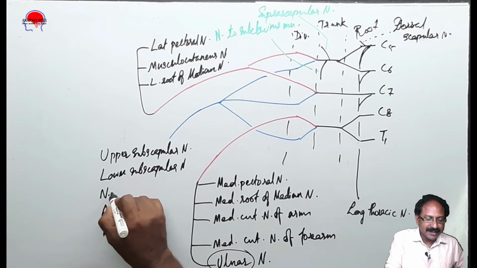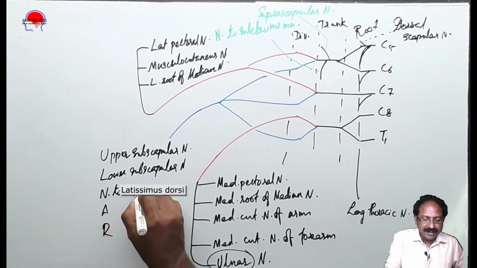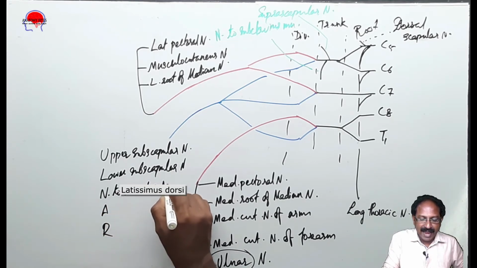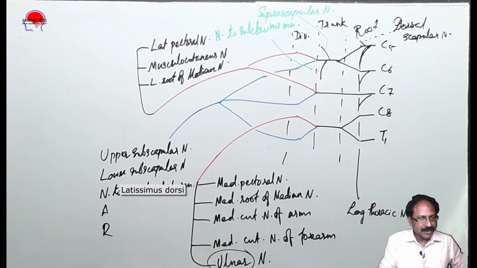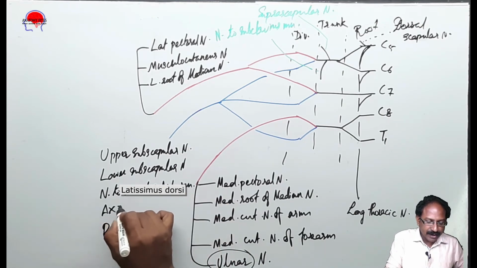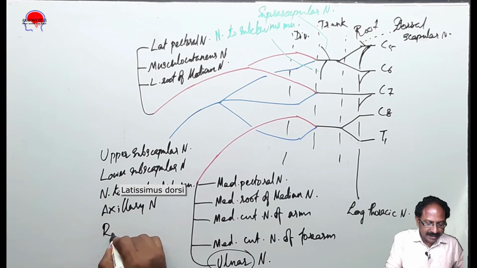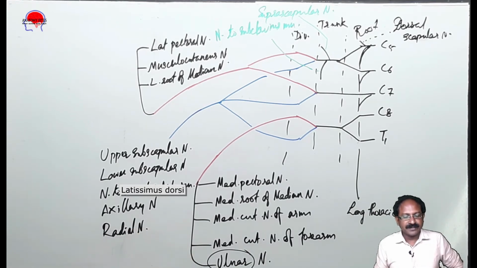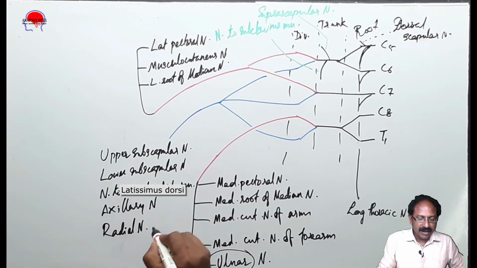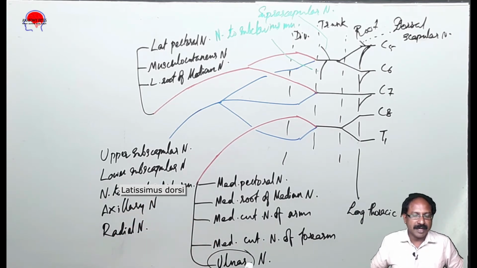That is nerve to thoracodorsal muscle, axillary nerve, and this is radial nerve. So these two are large branches of the posterior cord of the brachial plexus.